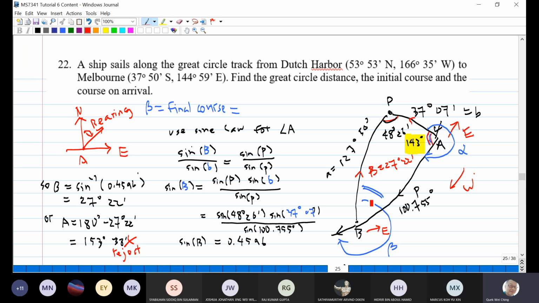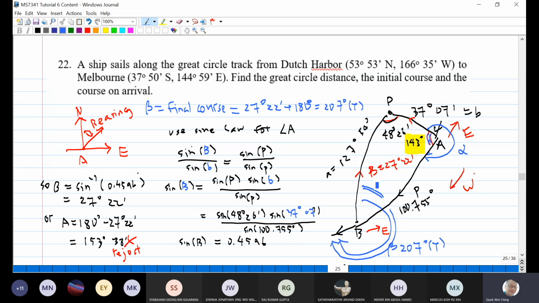So the final course is this 27 degrees 22 minutes, then plus another straight line, 180. So it is 27 degrees 22 minutes plus 180, and then you'll find that this is about 207 degrees true bearing.